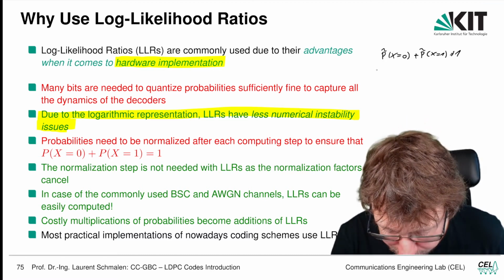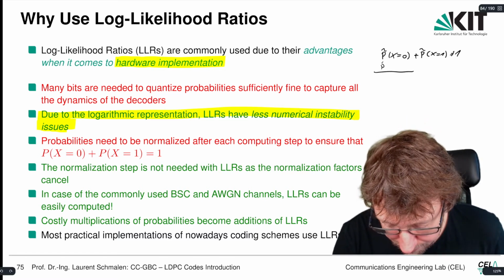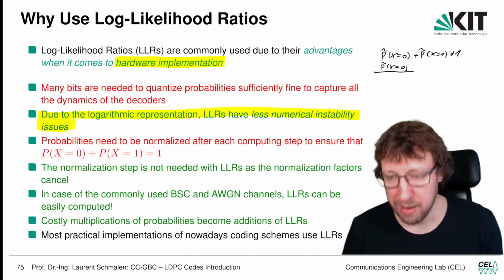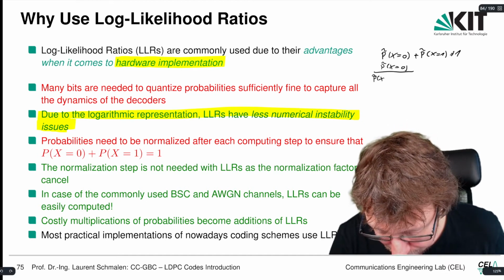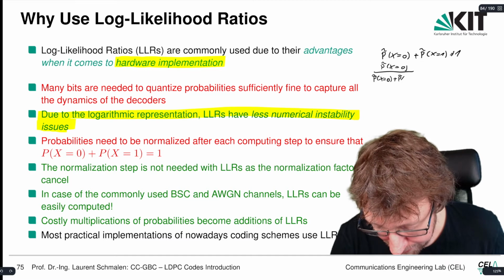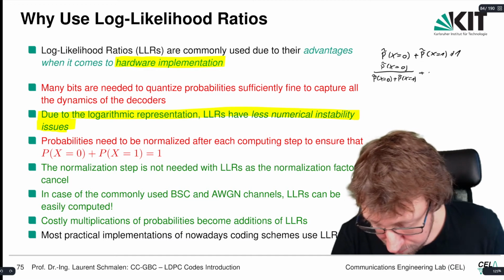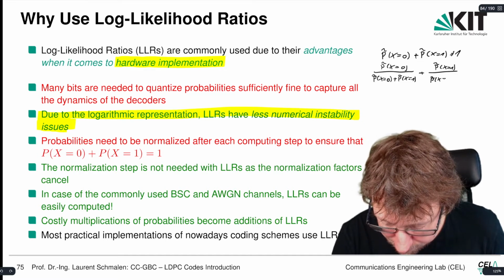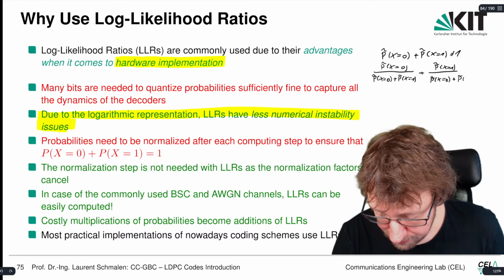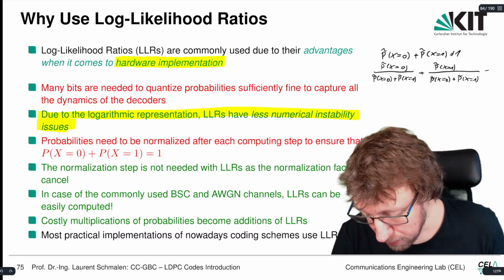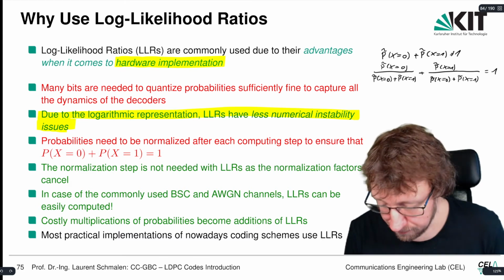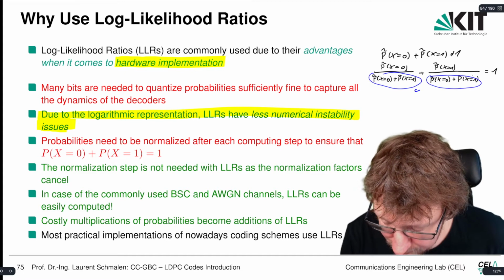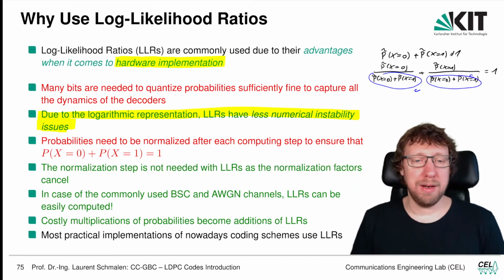So then what we do is we have P tilde of x equals 0, and note that P tilde is not a probability, but something that is not normalized, divided by P tilde x equals 0 plus P tilde x equals 1, plus P tilde of x equals 1 divided by P tilde x equals 0 plus P tilde x equals 1. This will be equal to 1 because we normalize. This is the normalization factor C. See, this is the same normalization factor.